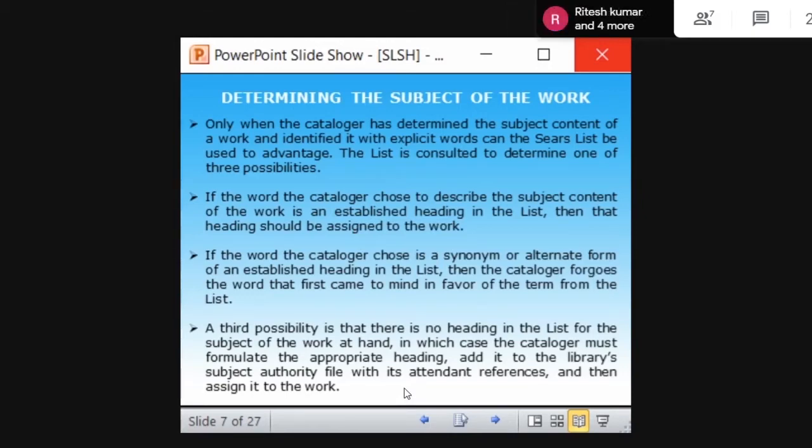So artist is there, but painter is not. What to do? You add painter under the appropriate heading, you add the same term to the subject authority file, the list to which you are adding, and then you assign it to the work. This is the protocol to be followed while assigning headings using the list.